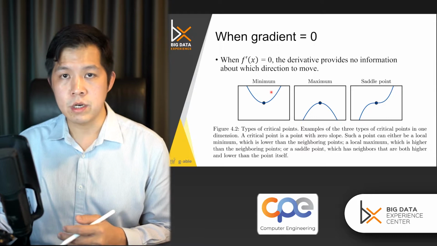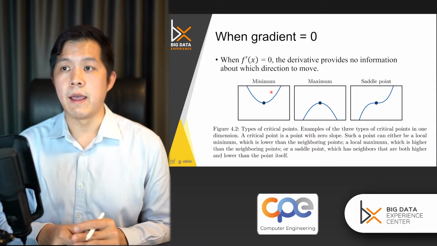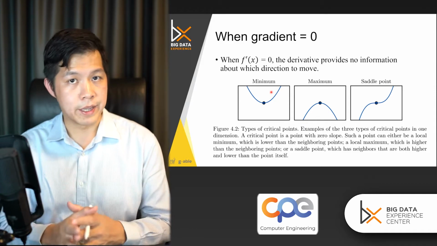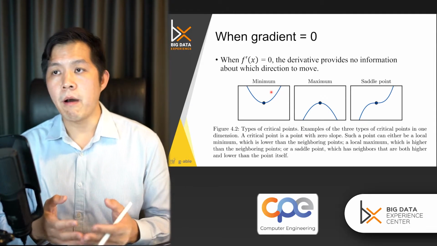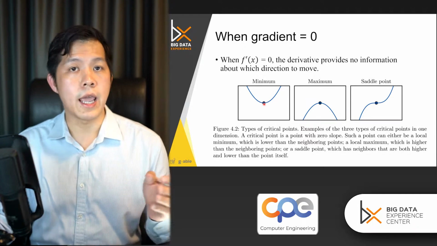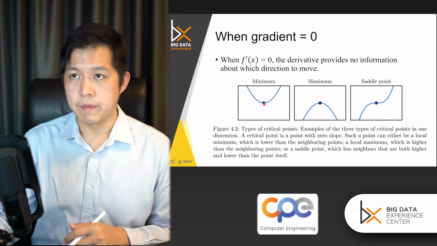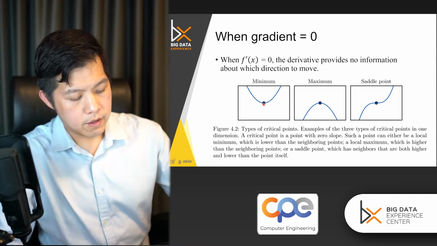To make matters worse, if your data are complicated and the model is also complicated, and you want to fit them together, there might be a point that is a minimum but not the actual global minimum, right? And we call that the local minimum, the local optimum. What does that mean?